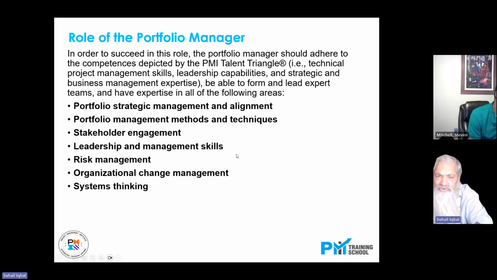Leadership and management skills. You remember we had grouped the portfolio managers' expertise in these 10 different areas, and there we had many skills mentioned. So leadership and management skills were mentioned there. Risk management we have talked about. Organizational change management, very important, and system thinking.